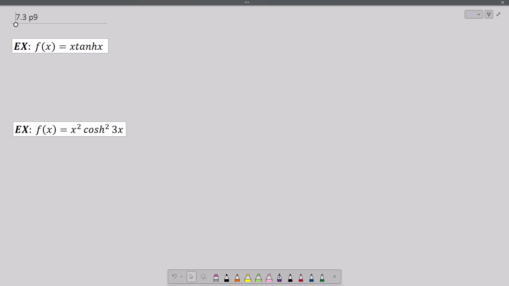So what is the name of the rule we're using for that first one? It's not a quotient. It's a product rule. Because we're multiplying those two functions together, we already know the derivative of tanh, using the product rule.